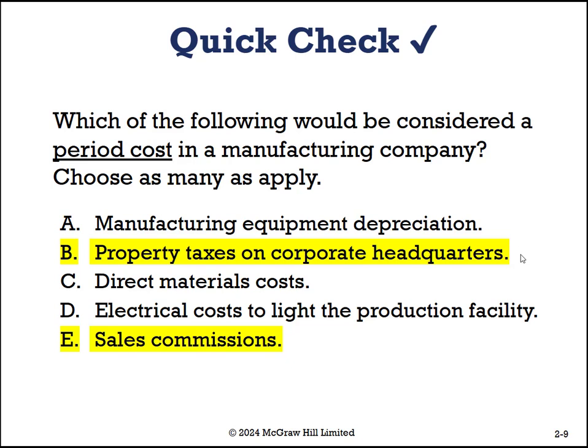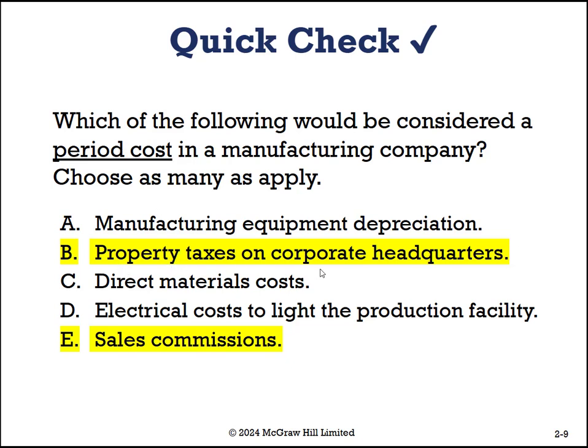So the beans come in the bean bag, and then they need to be ground. So the grinder would be the manufacturing equipment. And while it's not easily tied to the product, it does have to do with the product. So it's not a direct material, but it would be part of that other bucket, manufacturing overhead. So this is going to be a product cost and therefore not part of our period cost here.